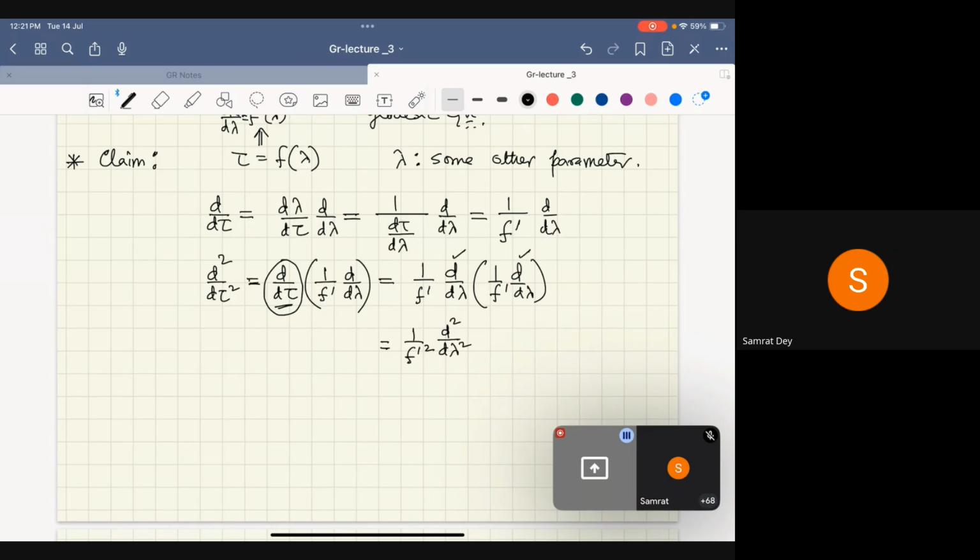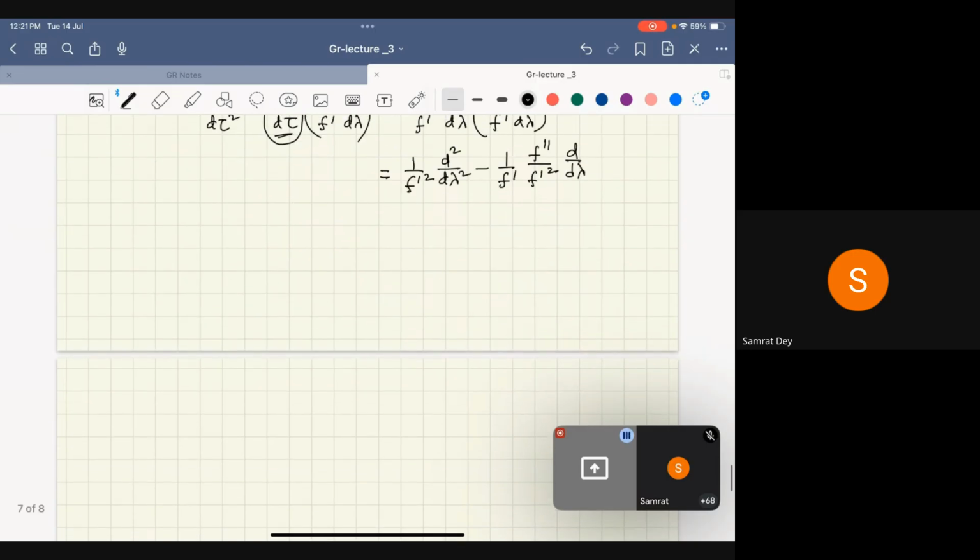This is the first term, and then I will have 1 by f prime, f double prime by f prime squared d d lambda. So the geodesic equation in terms of the proper time as the parameter was this.